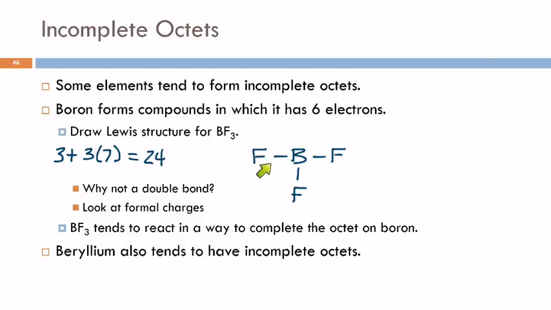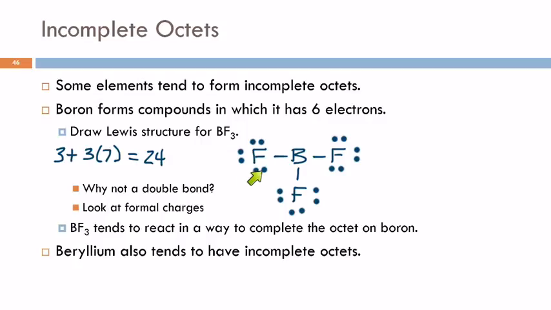So I've got 2, 4, 6, 8, 10, 12, 14, 16, 18, 20, 22, 24. Is everybody happy? Not according to the octet rule. The fluorines are happy, but the boron isn't. So normally what we would do is we would take a lone pair and share it, right?